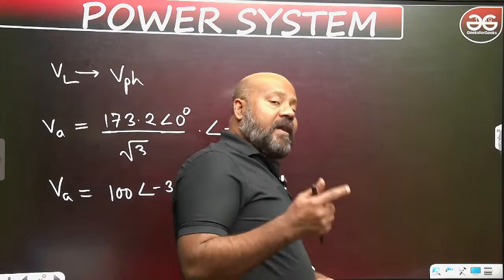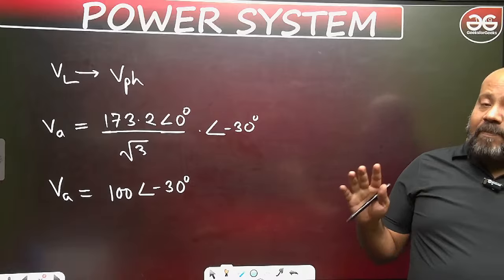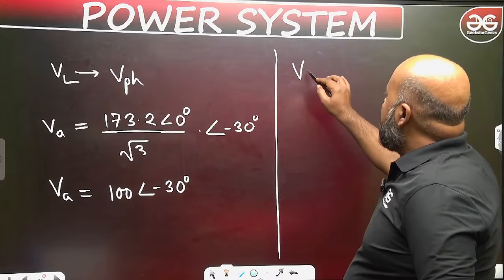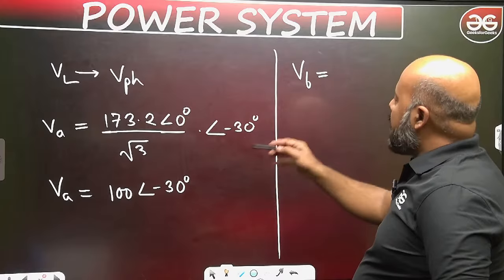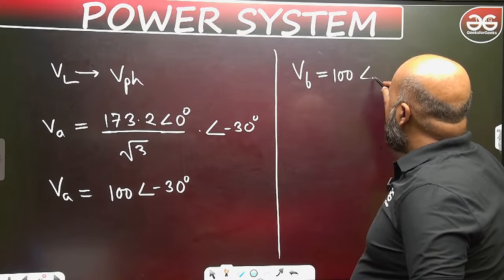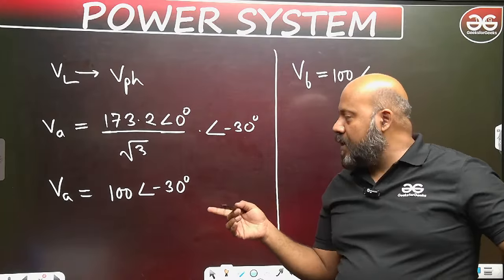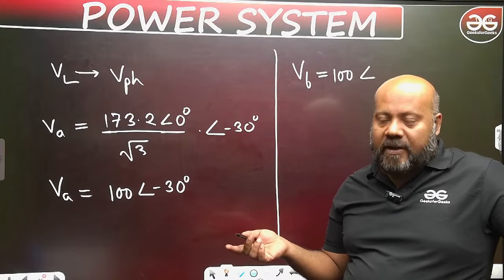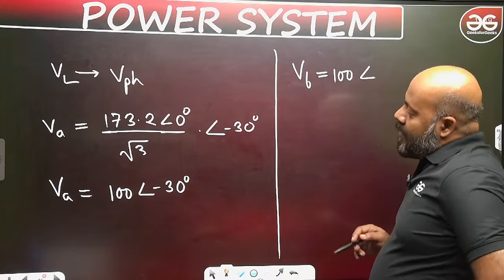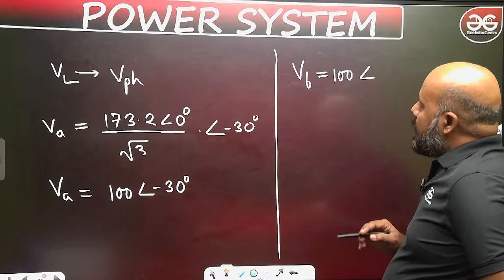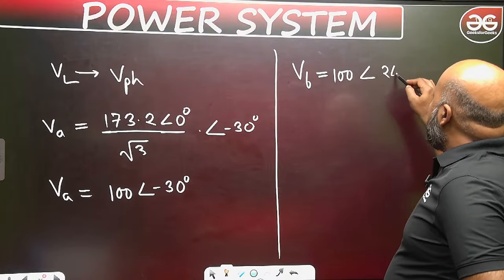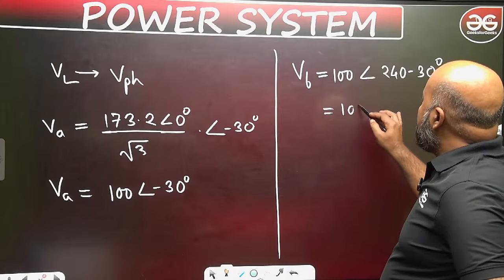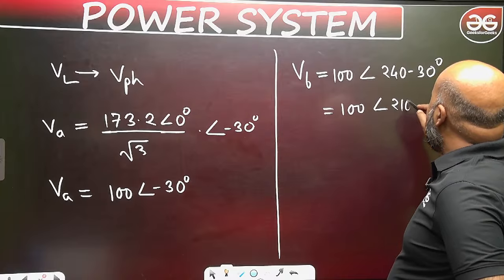And the moment you get the A phase voltage, if it is a balanced system, can you write all other phases voltage? Can you write VB? Yes, magnitude is going to be same. The only thing you have to do is B phase is going to have either minus 120 degree or plus 240 degrees. If you add 240, it is 240 minus 30, so it becomes 100 angle 210 degrees.